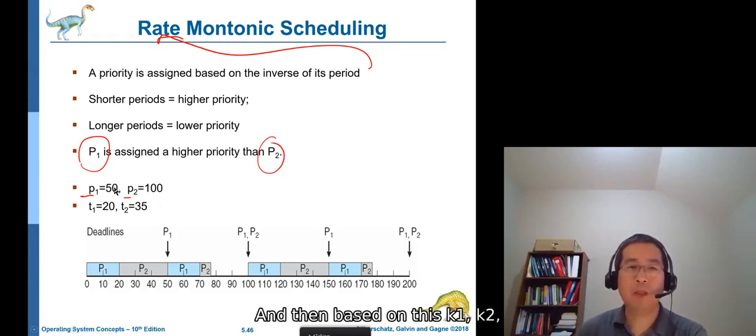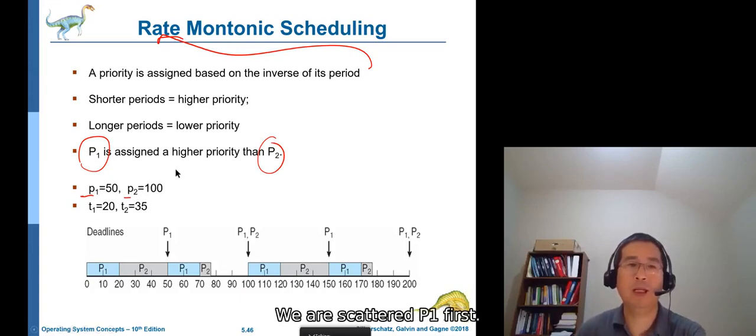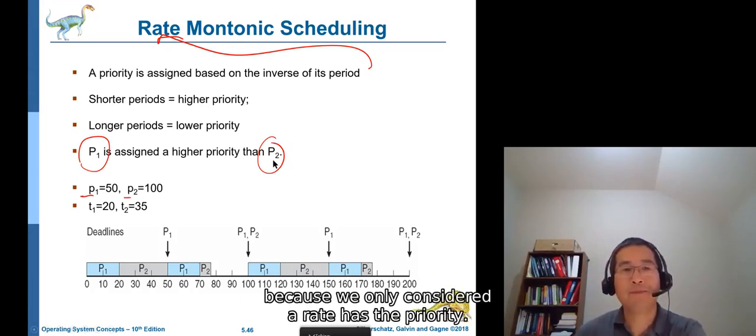Then based on this, 1 over p1 and 1 over p2: this one is bigger, so higher priority. This one is smaller, lower priority. So P1 has a higher priority. We'll schedule P1 first.